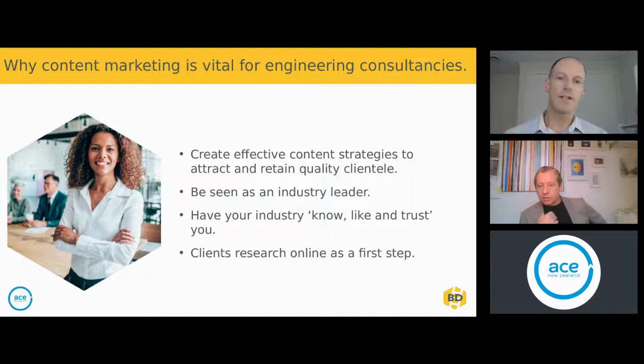Client research. So here we're referring to, it's important to remember that your potential clients will do their homework by going online and researching you. So just like we all do when we're considering making a major purchase, you're going to go online and check out the models, the features, etc. So you're more informed on what you're buying when you walk into that store and hand over your hard-earned cash.